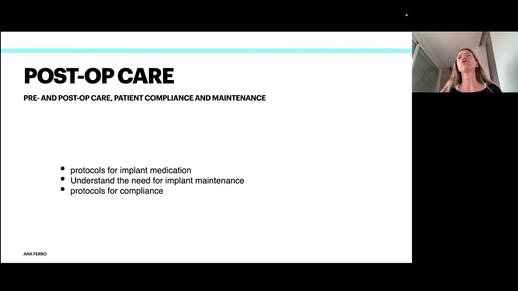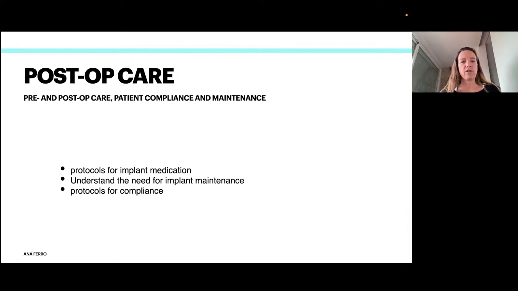I'm going to share with you the protocols that we use at our clinic, but you don't have to follow exactly the same protocols. Of course, if you want, you are more than welcome to use them, but the thing is to create your own protocols, because you have to adapt to where you are and also to the patients that you have.